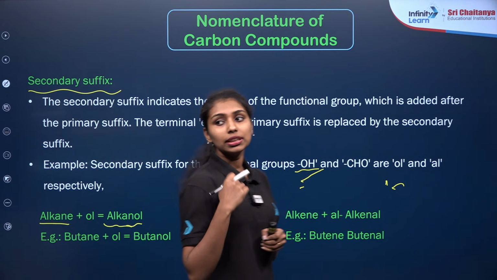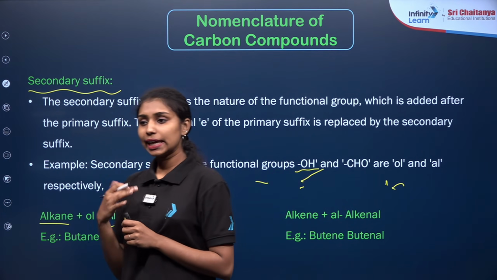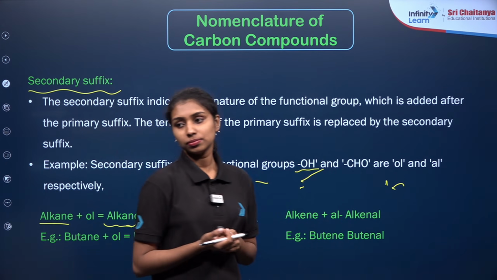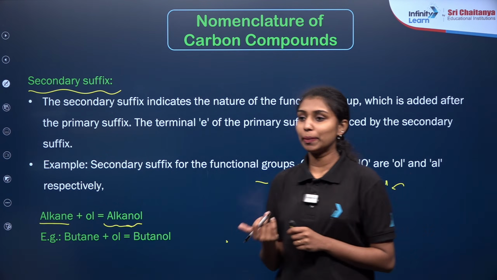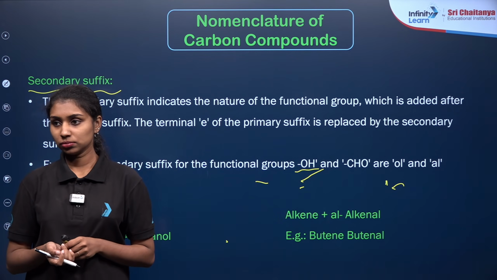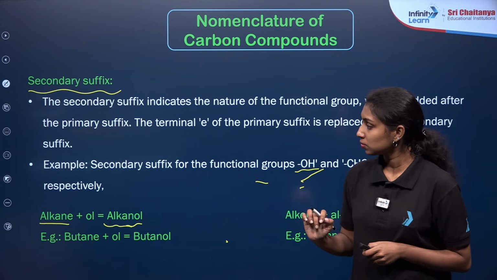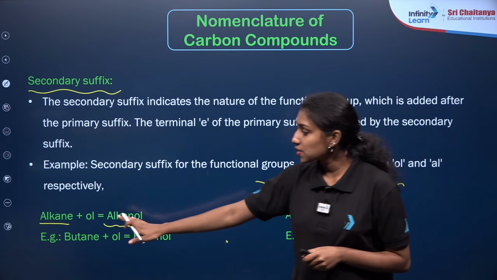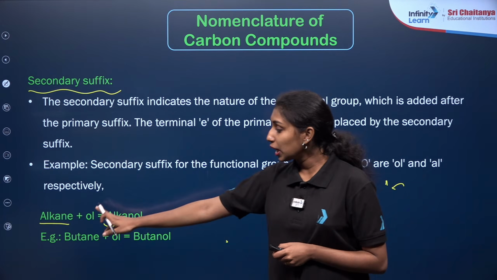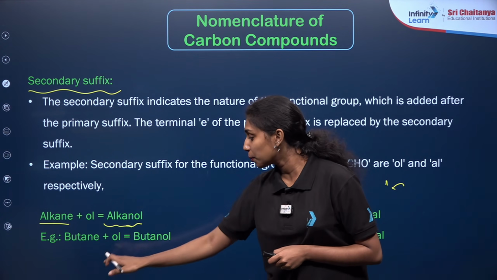I will try to write down the different names of alkynyl compounds. Take any one of the alkanes, just remove one hydrogen atom. Think about whether it will have 2 hydrogens or not. In the case of an alcohol group, the functional group is the OH group, so the secondary suffix will become ol.